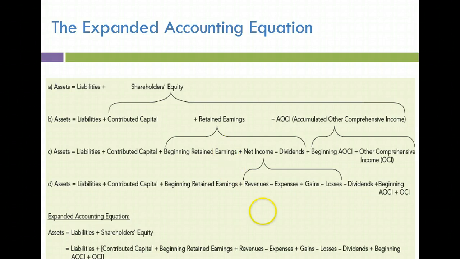And then we have this other section, AOCI, and basically the AOCI is a cumulative effect. It's going to come from the beginning balance we start the period with, plus any other comprehensive income we have to include into it. So this basically, in a nutshell, is still the accounting equation.